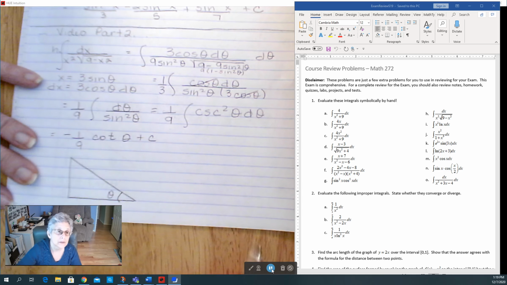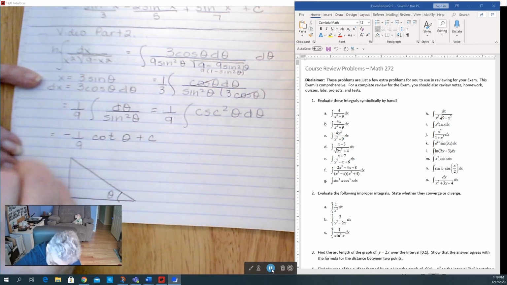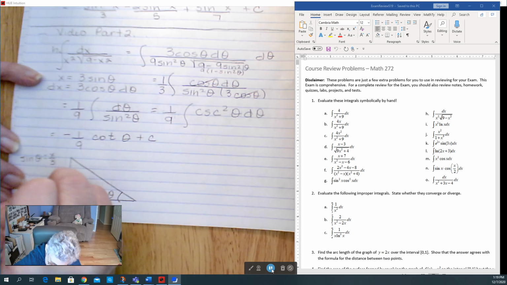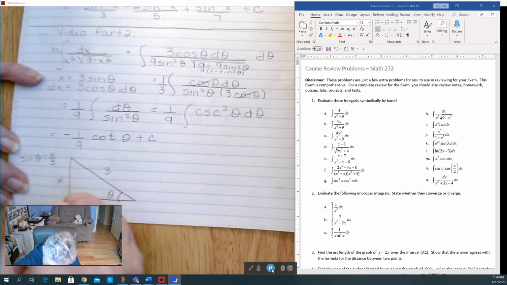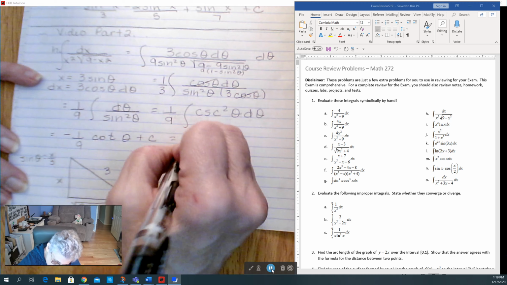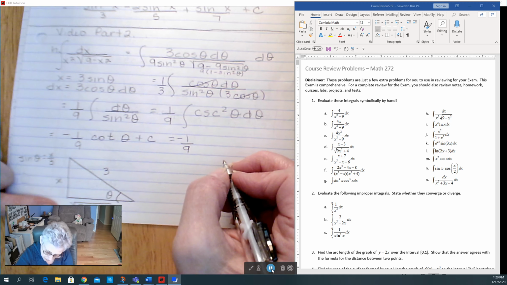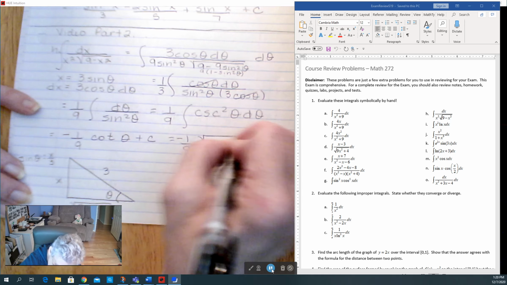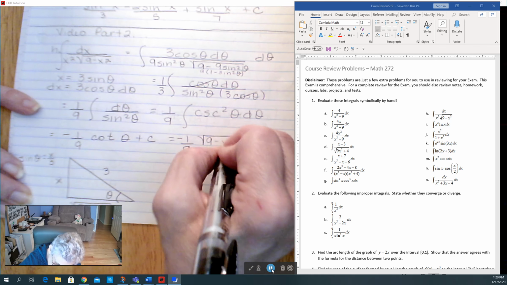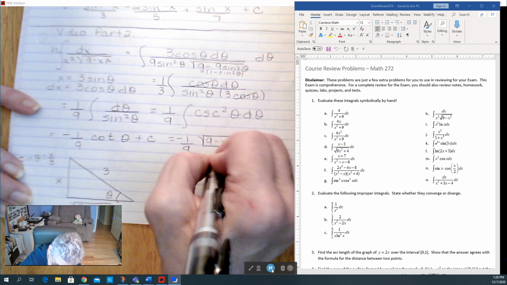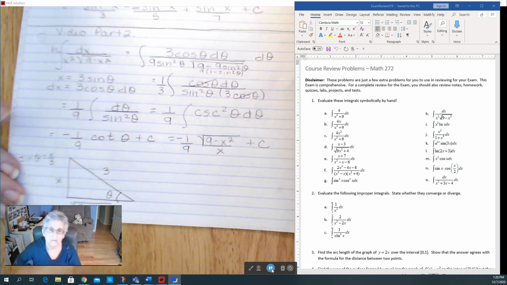Sine is equal to x over 3. That means opposite over hypotenuse. Adjacent is equal to the square root of 9 minus x squared. So cotangent is equal to adjacent over opposite. Plus C.